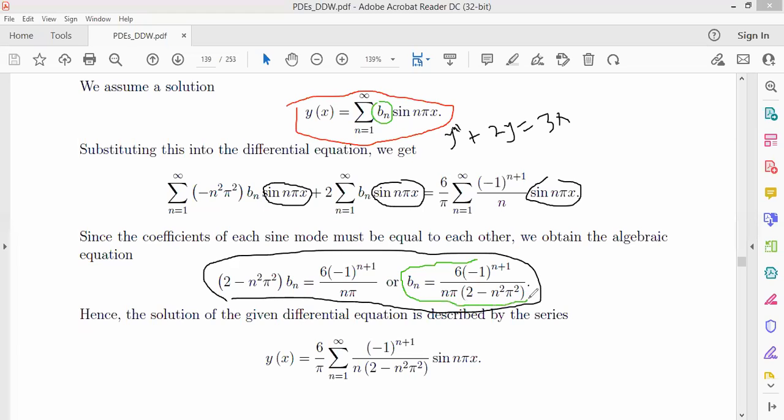So Bn will take on that. So our Bn here is the green where it is pointing. I hope I am clear there. So once you substitute Bn back into this, then you have got your final solution as this statement. I hope there are no questions.